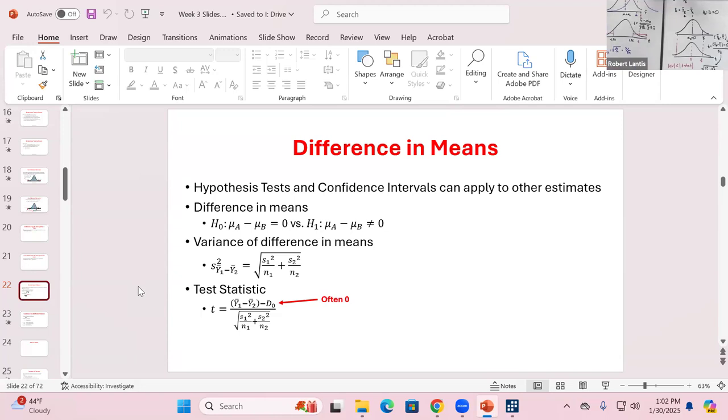It doesn't quite work the same way, because when I take the square root of the sum of something, that doesn't cancel out. So I can't rewrite this sample difference standard deviation the same way I would for one population, just by the law of what a square root is. Is that what you were asking? Yeah. And sometimes in the slides, I might even use this format, and we'll see why from our Stata output. Okay.